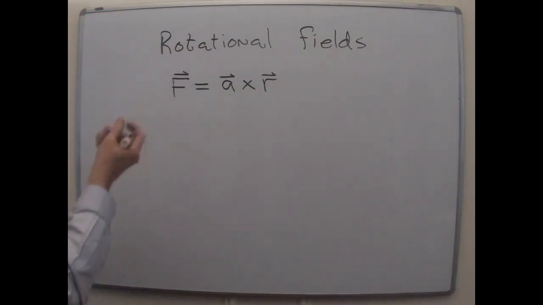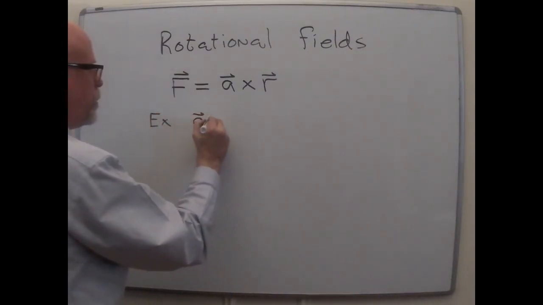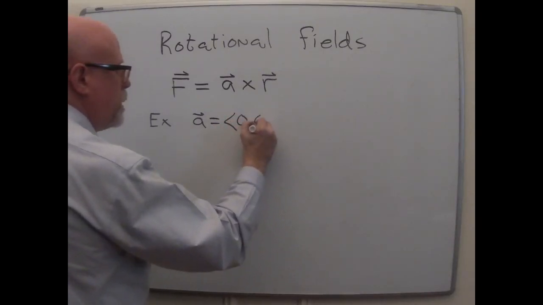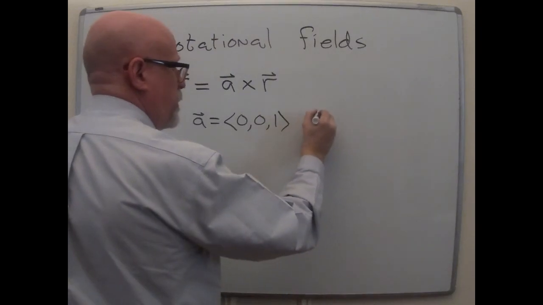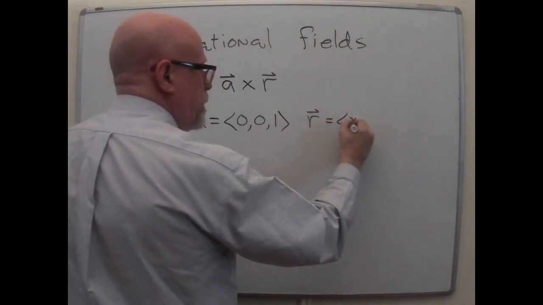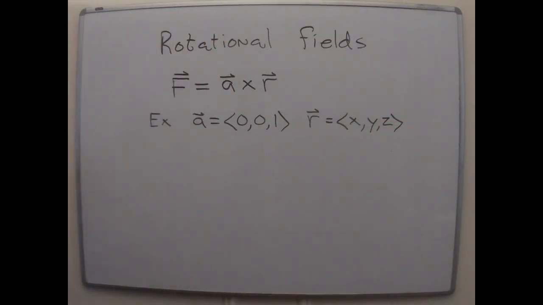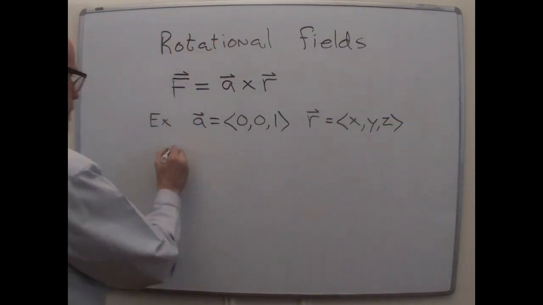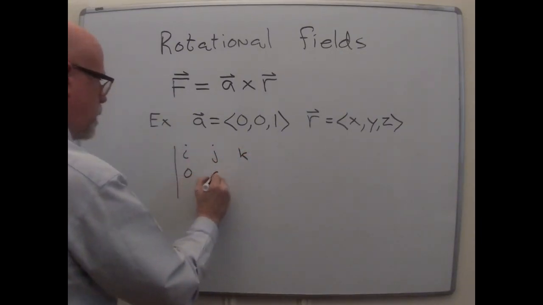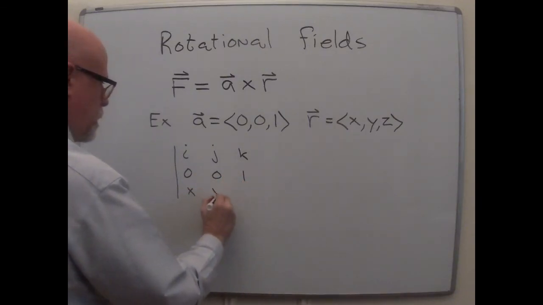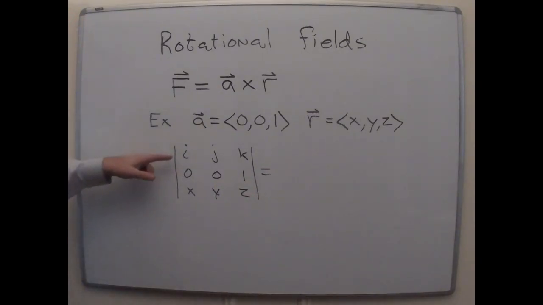So an example of that, how about if A was equal to 0, 0, 1? Of course, R is the position vector in general, so it's x, y, z in the 3 positions of the vector. So if we do that cross product computation, well, what do we get?